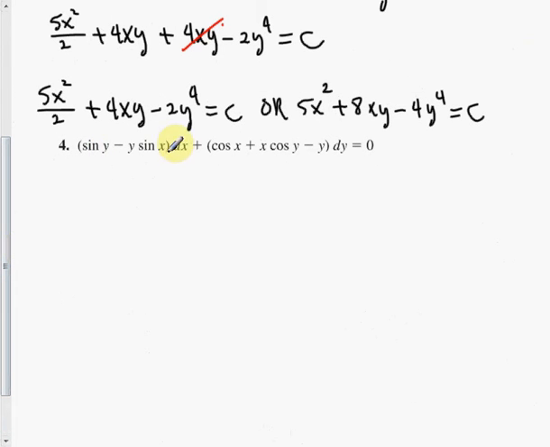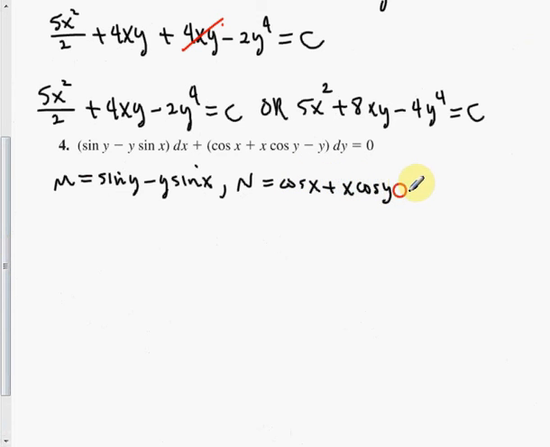So the next one, this is m dx plus n dy. So m is equal to sine y minus y sine x. N is cosine x plus x cosine y minus y.